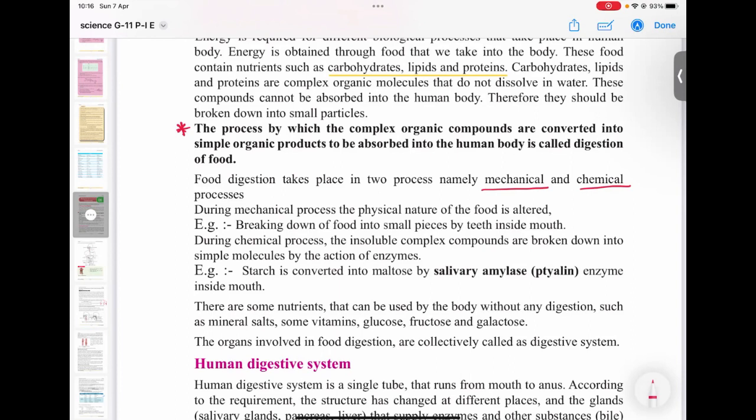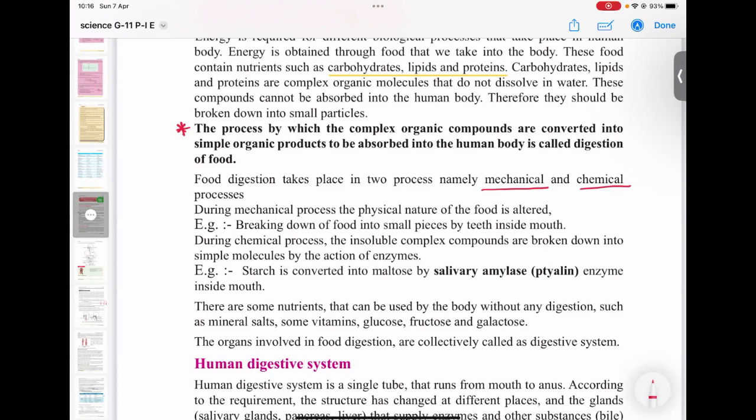Their job is to increase the rate of the reaction. So salivary amylase in the saliva helps the starch in your carbohydrate to be converted to maltose. We have another name for salivary amylase, that is ptyalin. So remember that one also.